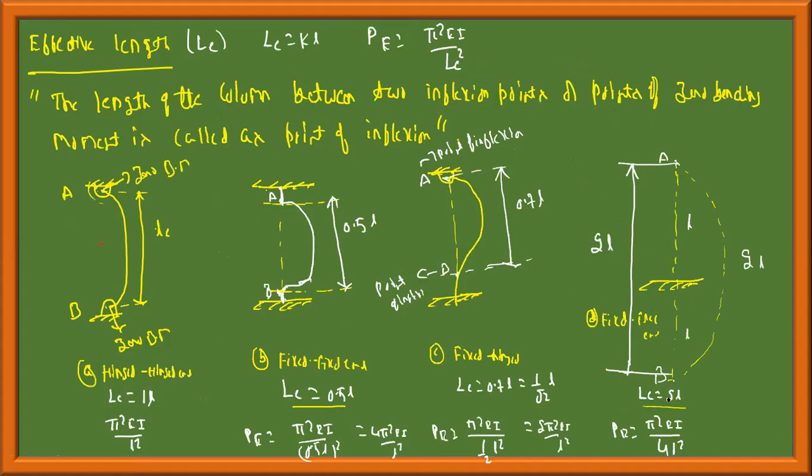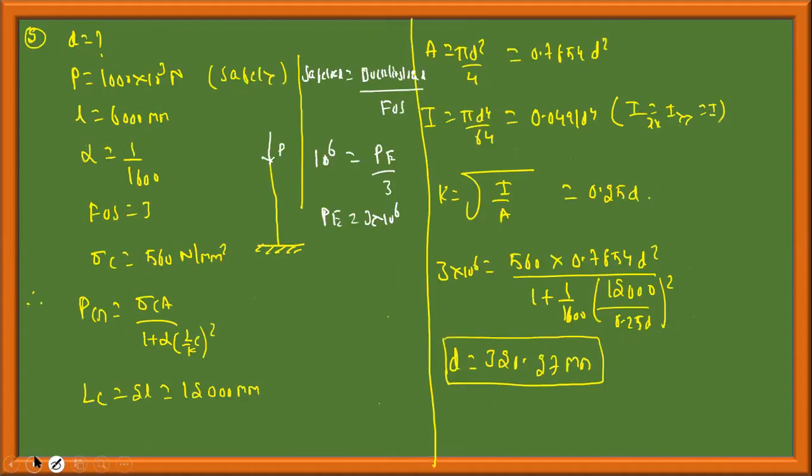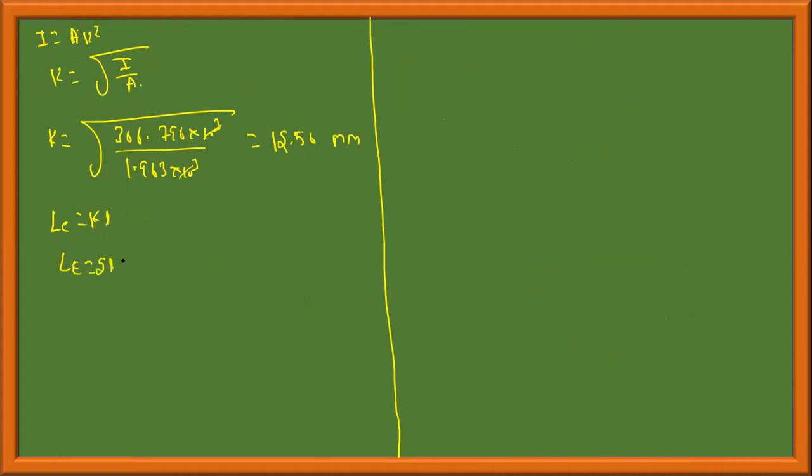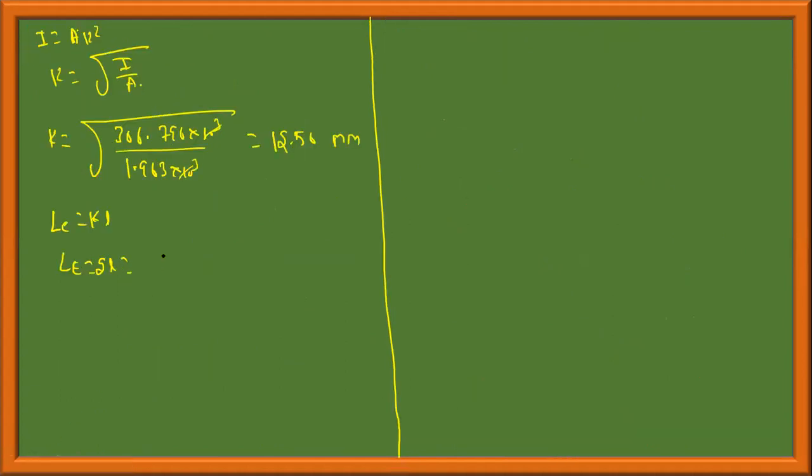LE is equal to 2L, and the length is 1500 mm. Therefore, it will be equal to 3000 mm.